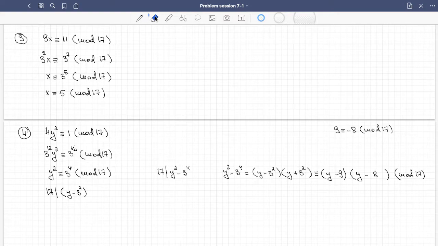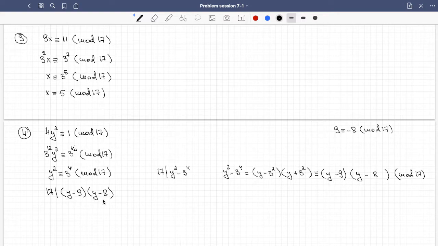I don't want to take square roots again. So 9, 8. So we rewrote this congruence as 17 divides the difference factors. And we wrote the factor as y minus 9, y plus 9, 9 is negative 8, the same thing as y minus 8. So altogether 17 divides this product.